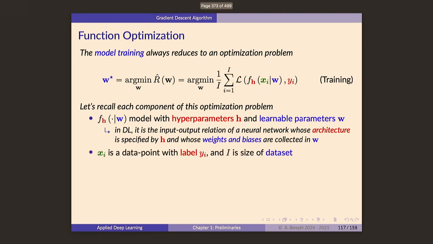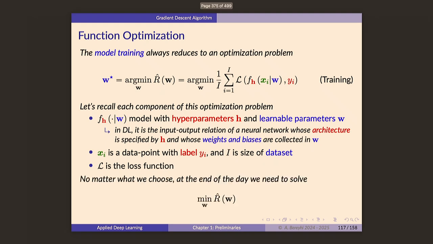So that's going to be your model when we are talking about deep learning, and X is simply the data point, Y is the label, and L is your loss function. But it doesn't matter really what they are at this point of time. We're going to talk about how exactly you choose them later on when we get into real problems. But the point is that at the end of the day, I can just forget about anything after the second equality, right?